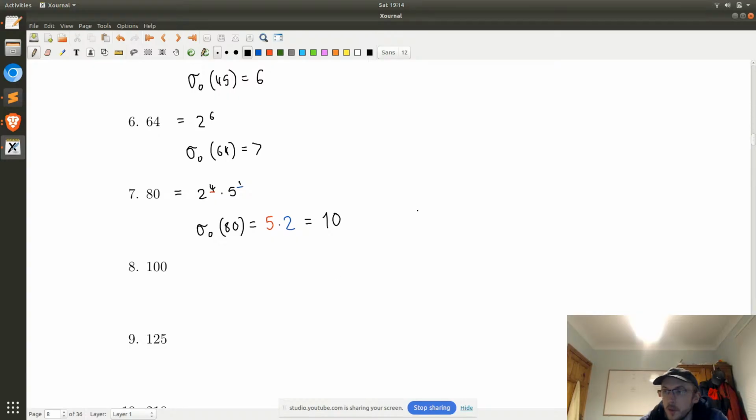You can list them all out if you want. It's a nice exercise to go up to the fifth divisor in ascending order, and then down to the 10th divisor, because they occur in those pairs. So it would be 1, 2, 4, 5, 8, and then down 10, 16, 20, 40, and 80.